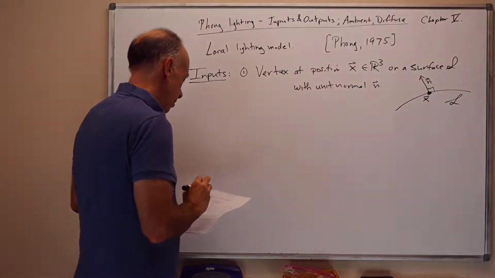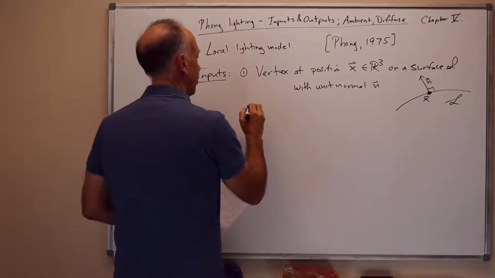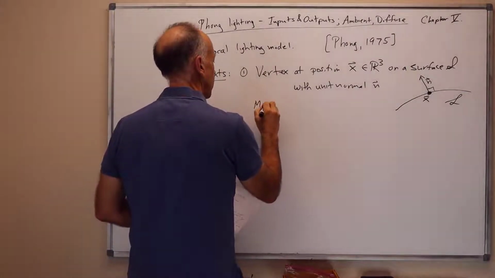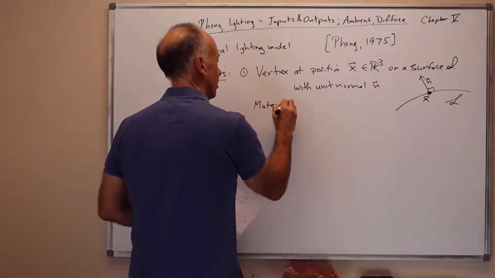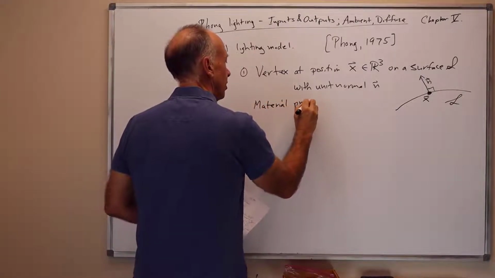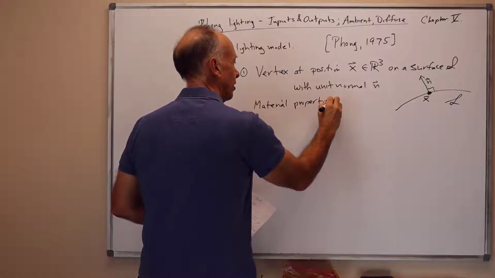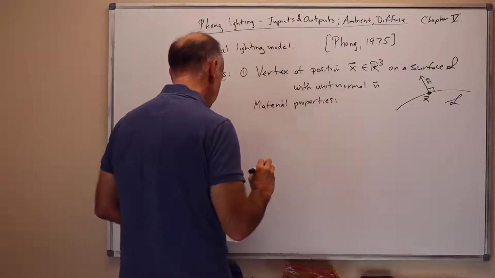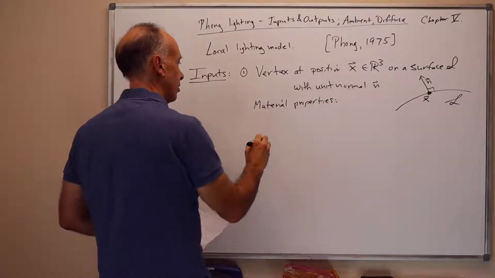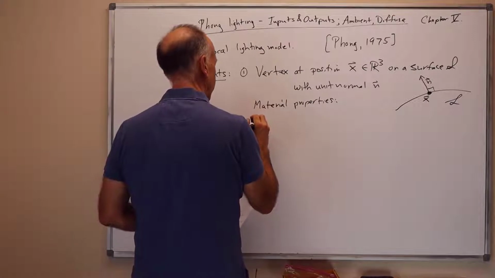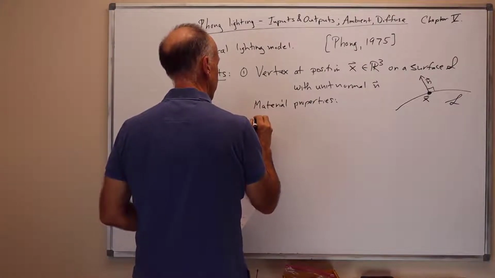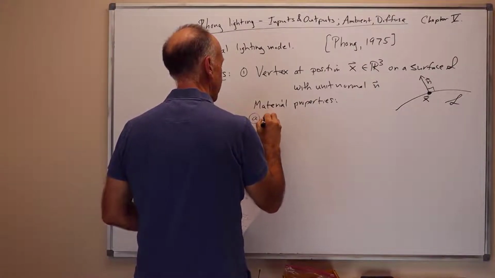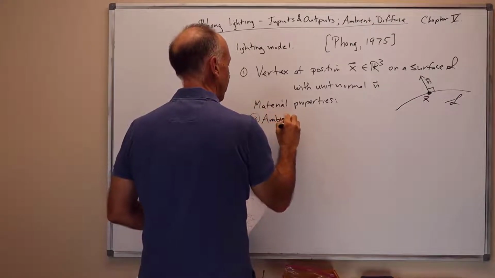Okay, and the surface also has material properties, and so we think of the surface as made of some material, and it has properties that govern how it looks under light, mostly different kinds of colors. So here we have a lot of different material properties. There's ambient reflectivity.